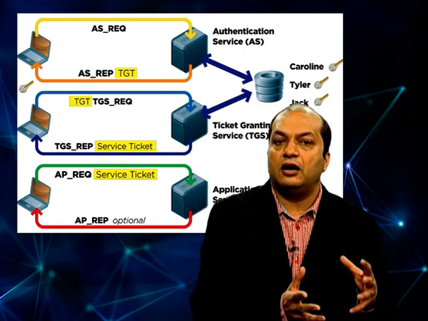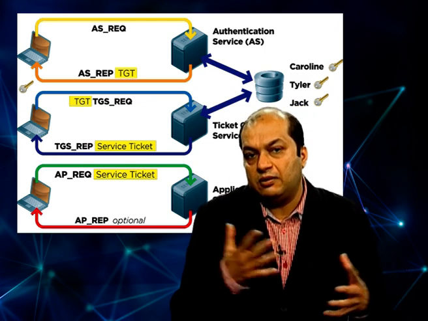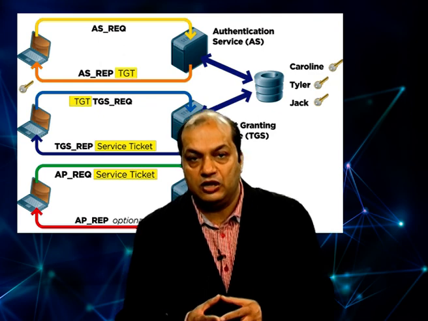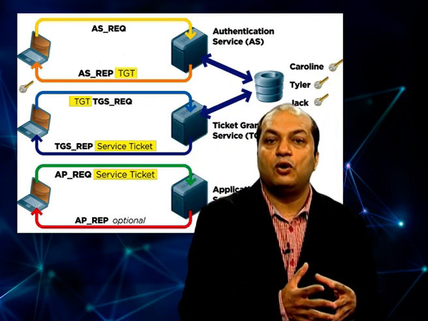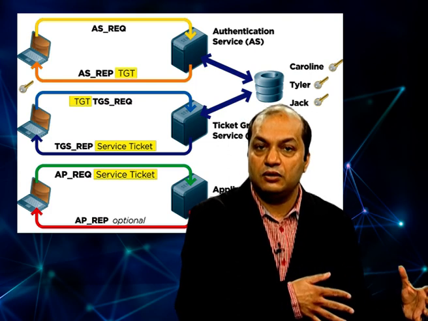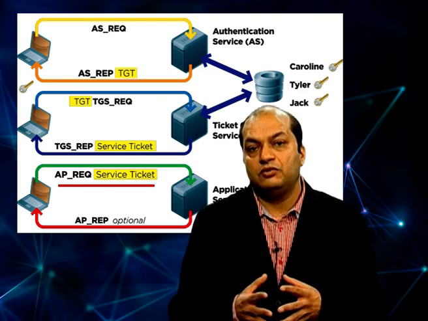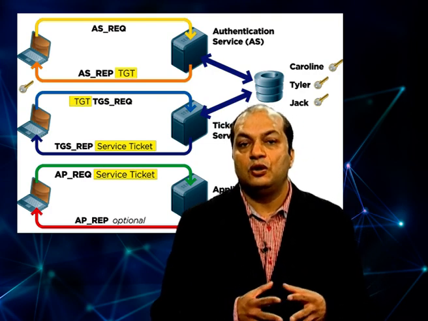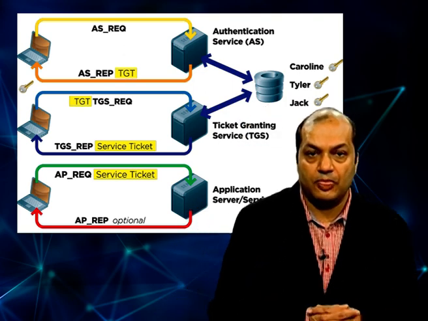Then he forwards the other envelope to the application server. In the third phase, the client forwards the envelope which he has gotten from the ticket granting server. The other envelope is the authenticator, which proves that the client knows the session key shared between him and the server.